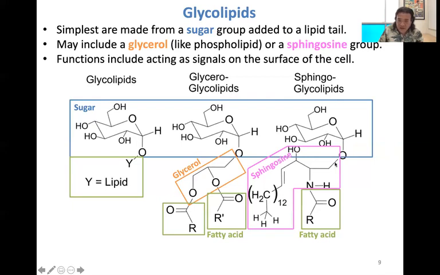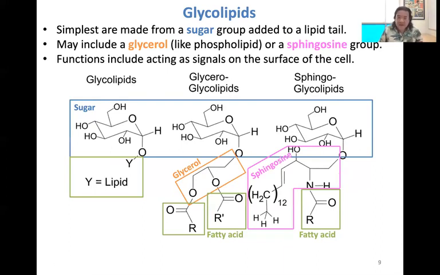This structure is a chain of carbons with a nitrogen group or an amine group on it, and then a chain of 12 hydrocarbons ending with a methyl group that has a C and 3 H's. This is what we call a sphingosine. And so this type of structure would be called a sphingoglycolipid. And you're like, that sounds kind of random, because obviously there's many variations of other ways you could put together a fatty acid, a sugar, and something in between. Why is this sphingoglycolipid worth talking about?